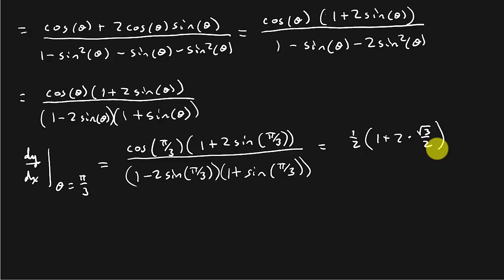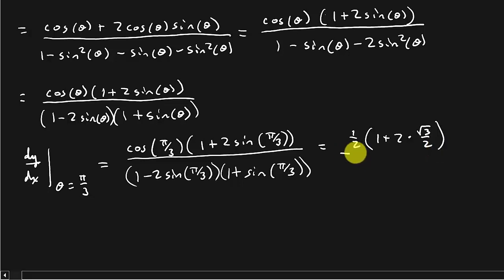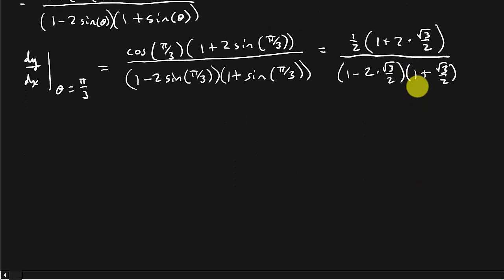All right. And then we have 1 minus 2 times the sine of pi over 3. So that's times square root of 3 over 2. And then 1 plus, and then the sine of pi over 3 is square root of 3 over 2. All right. So let's simplify it a little more.